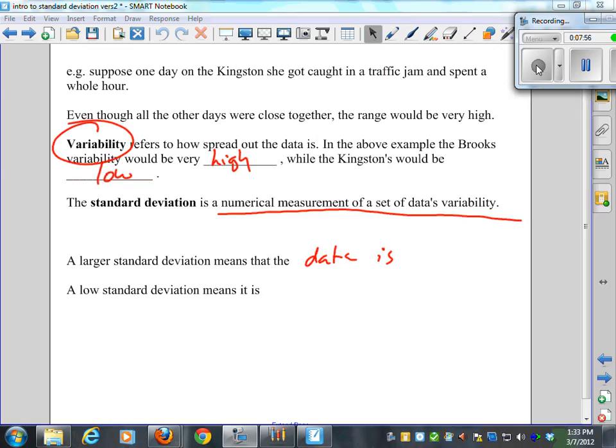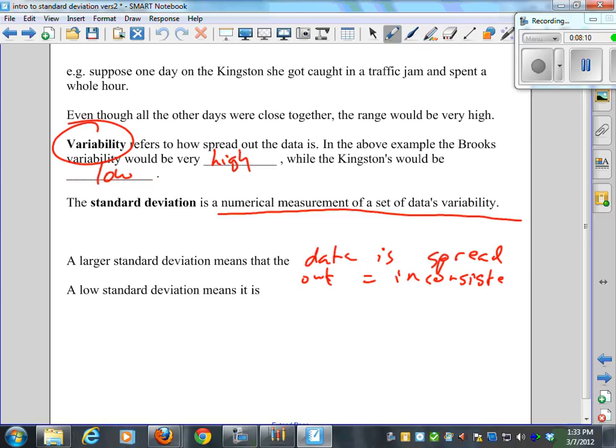Spread out. A large standard deviation means that the data is spread out. It's all over the place. It's inconsistent. So big standard deviation means big spread outness.